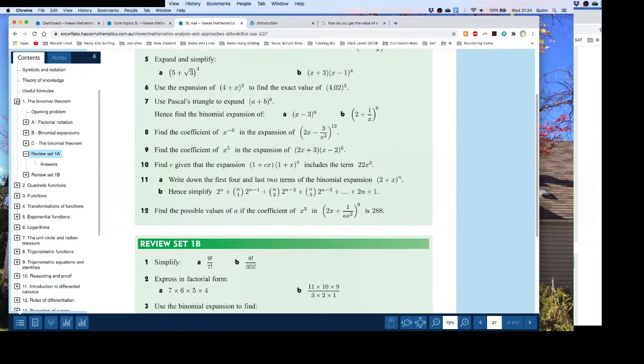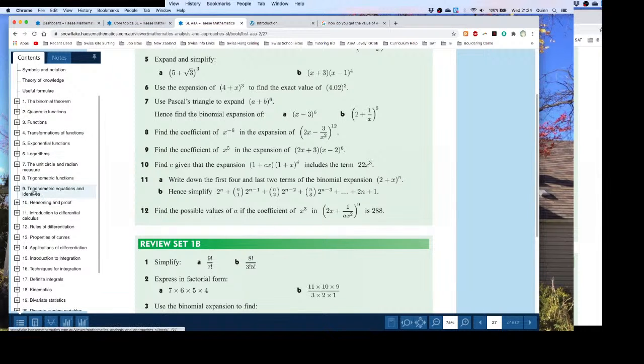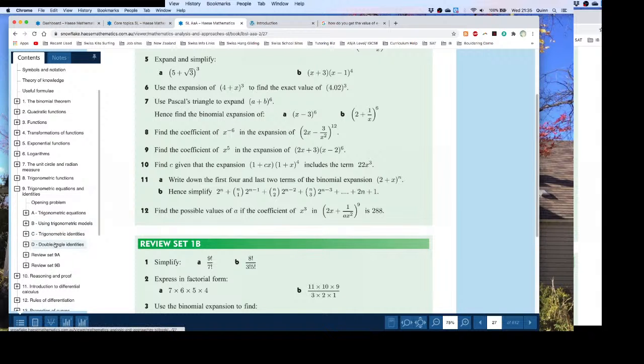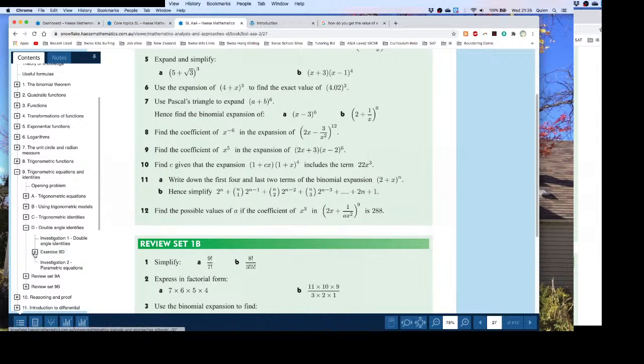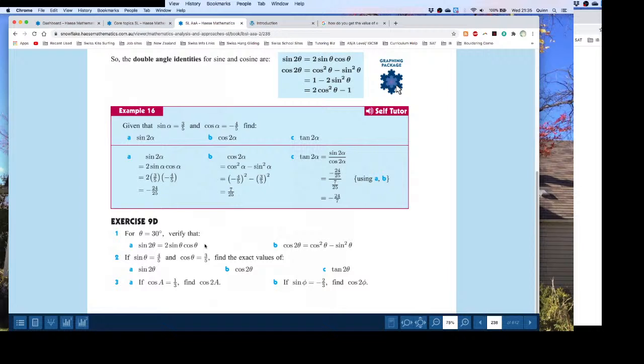Let's go here. Trig equations. Trig equations are always tough. Do you guys want to do trig equations? I saw this question last year on your exam.